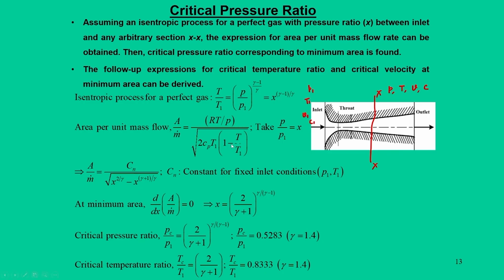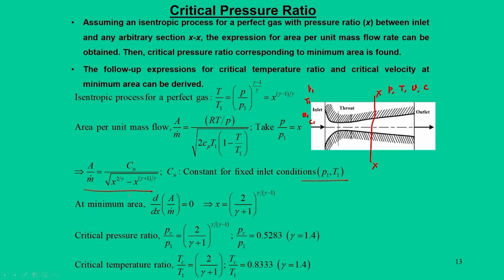Putting this, we can find the area per unit mass flow rate by these expressions, and by incorporating the temperature ratios in the form of pressure ratio, we arrive at an expression: A by m dot is equal to Cn, a constant for a given inlet condition, divided by the square root of x to the power 2 by gamma minus x to the power gamma plus 1 by gamma.